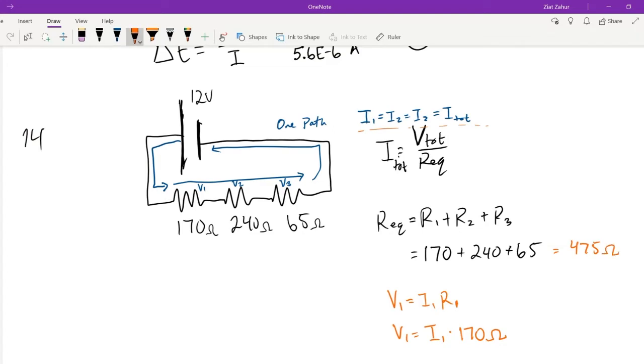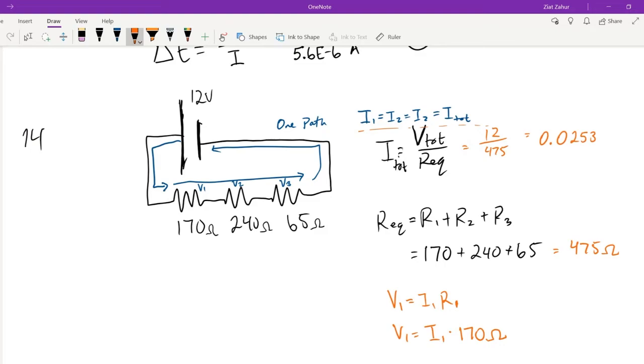ohms. And so if I did 12 divided by 475, that is 0.0, the zeros don't count, 253. That's 3 sig figs.